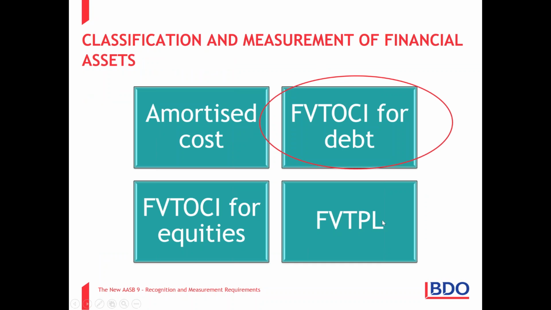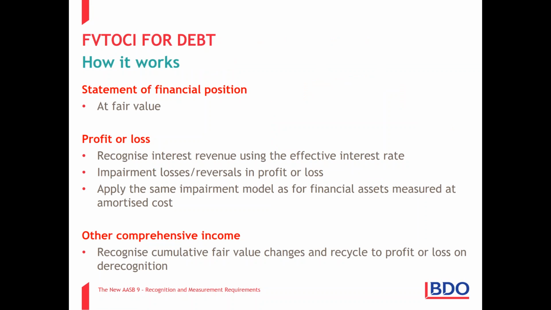If we look at fair value through other comprehensive income, if it's a debt instrument and here we can recycle, how does it work? In your statement of financial position, you have it at fair value. If you look at profit or loss, you recognize interest revenue using the effective interest rate method. Your impairment losses and the reversal of impairment losses can go in profit or loss, and you'll apply the same impairment model as for financial assets measured at amortized cost.